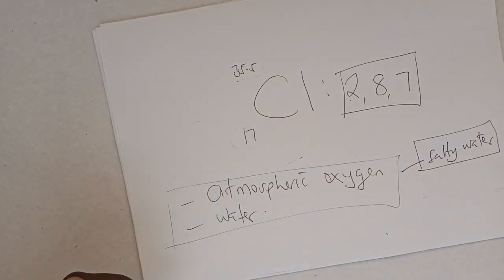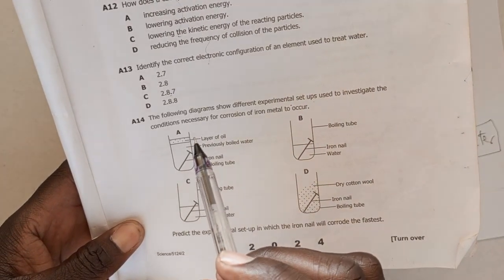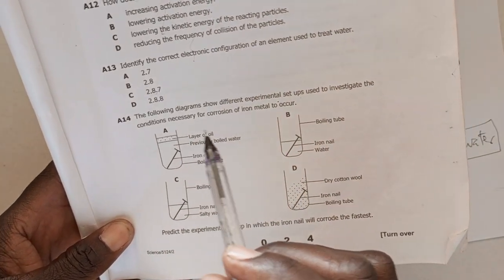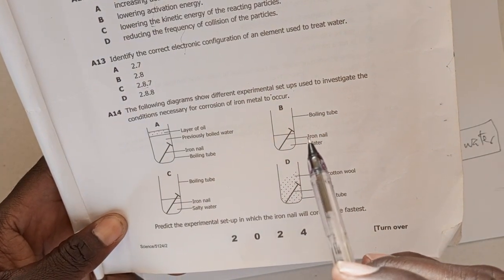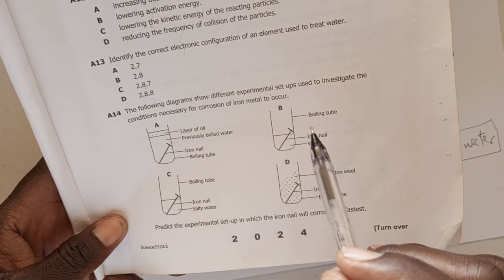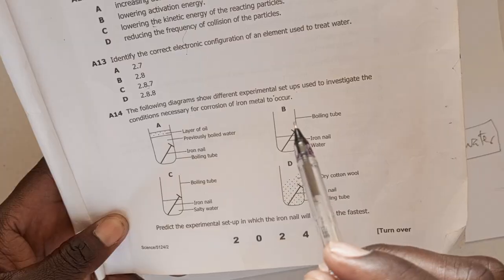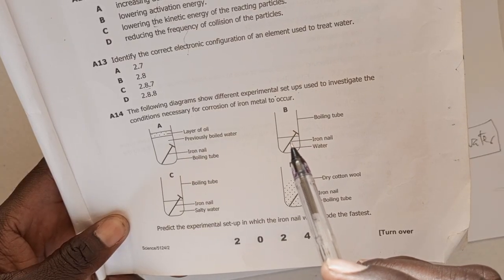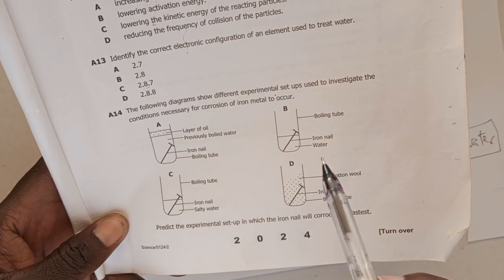So the answer for this question is C. Because when we check here, we have a layer of oil, so oxygen may not penetrate. Boiling tube, we have iron nail, water. Yes, this could be an option, because we have the presence of oxygen and water, that would take place, but we look for others.